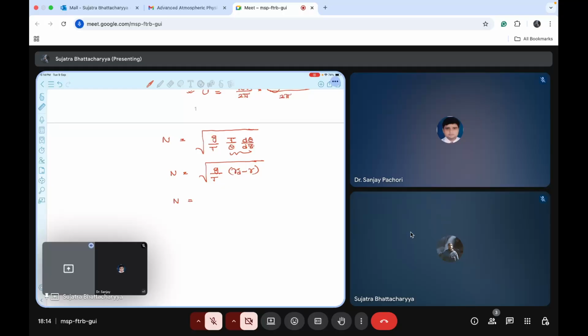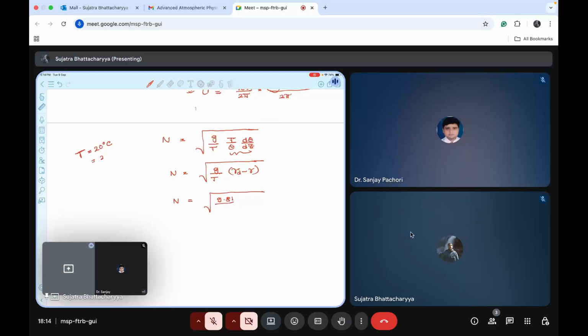So N will be: your g is given as 9.81, and T is given as 20 degrees Celsius. But whenever we are calculating in atmospheric physics or any thermodynamical physics, you should use Kelvin as the SI unit.